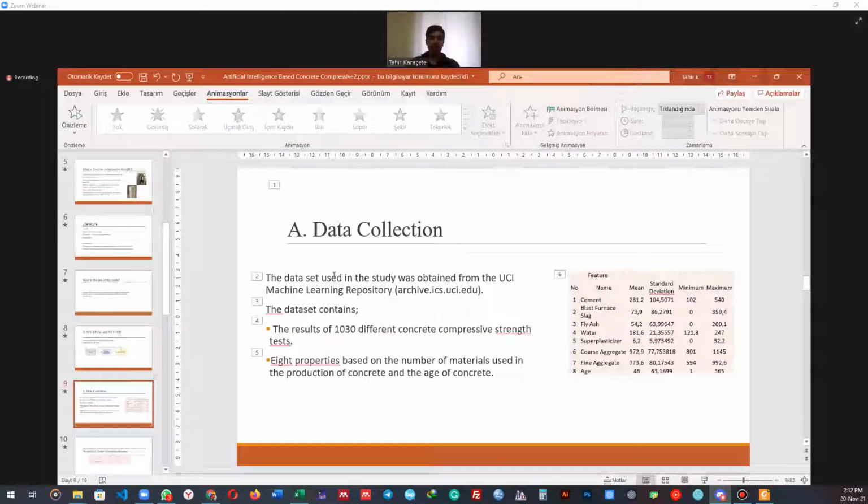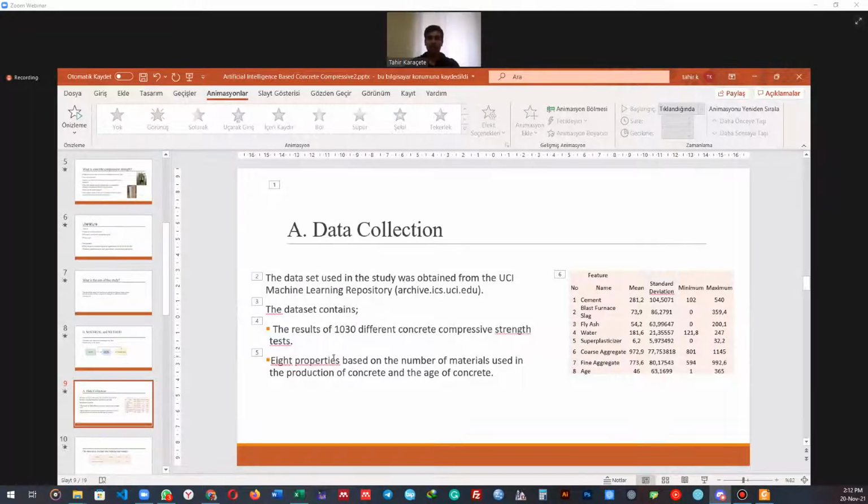Data collection. The data set used in the study was obtained from the UCI machine learning repository, and the dataset contains the results of 1030 different concrete compressive strength tests and 8 properties based on the amount of materials used in production of concrete and the age of concrete. This table shows the distribution of data in the dataset.